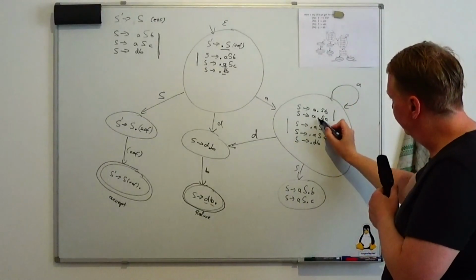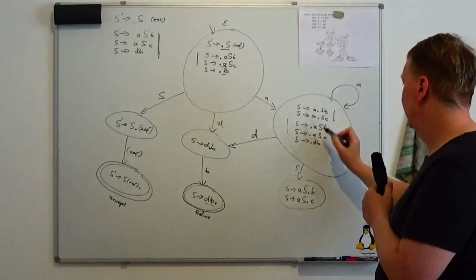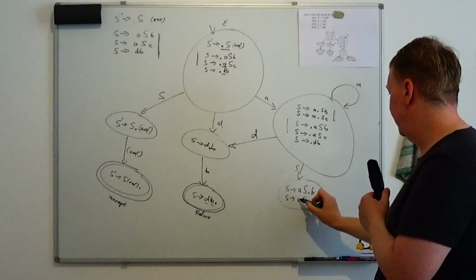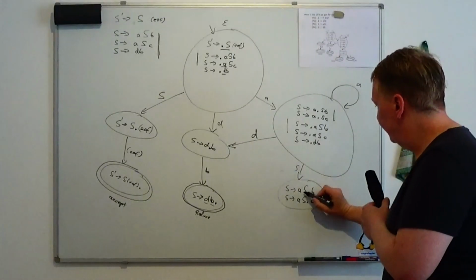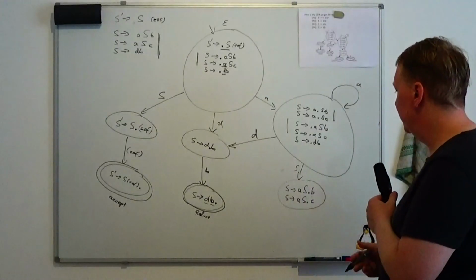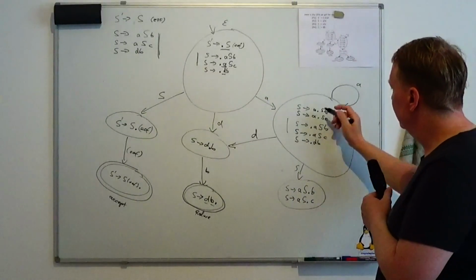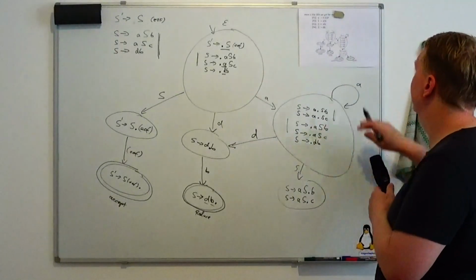We have the point on the left of an S, then we read an S, and then we have moved the point from before the S to behind the S. Okay, this means we are looking for an S, we've gotten an S, so we are now behind the S.